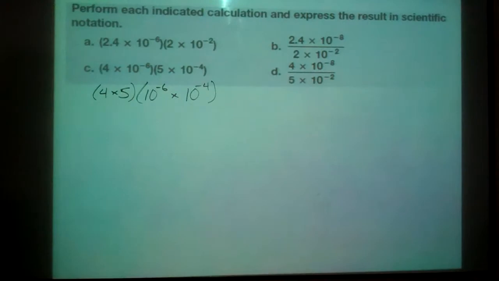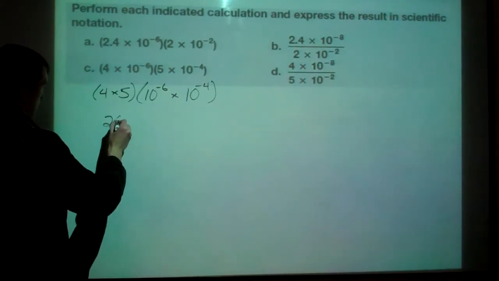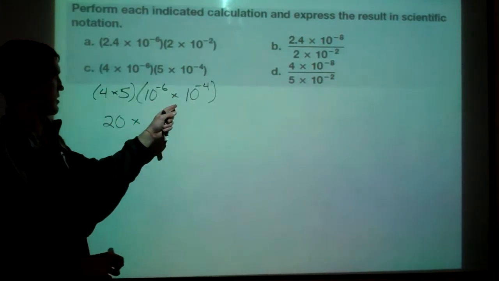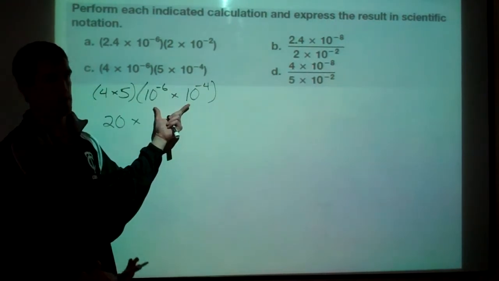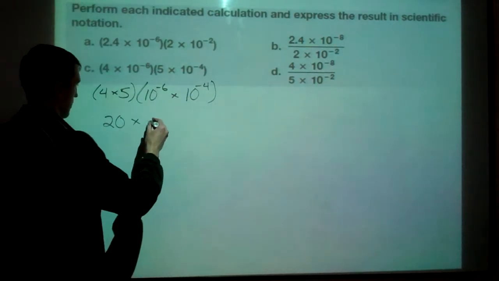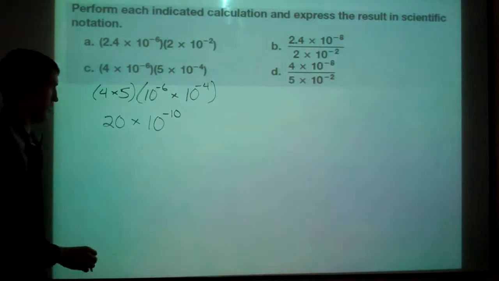And then that makes things a bit easier. 4 times 5 is 20 times 10 to the negative 6 times 10 to the negative 4. Alright, multiplying, so once again we can add those exponents. Negative 6 plus negative 4 is negative 10. So times 10 to the negative 10.